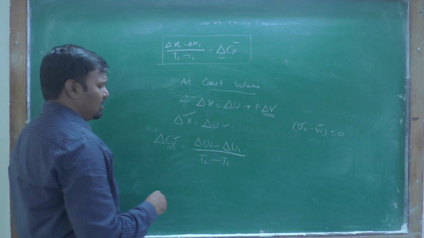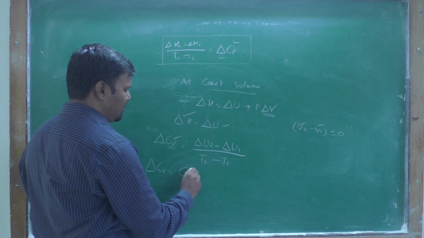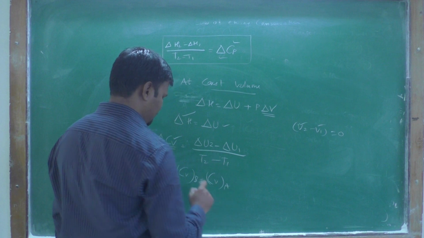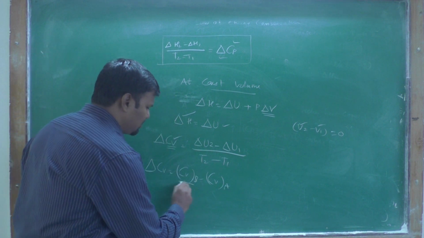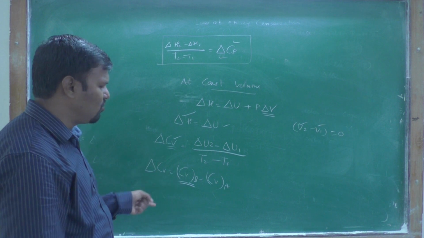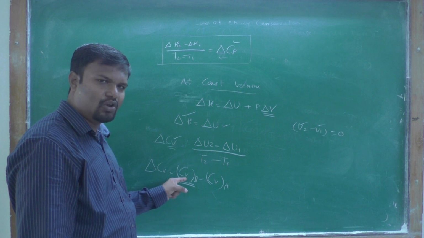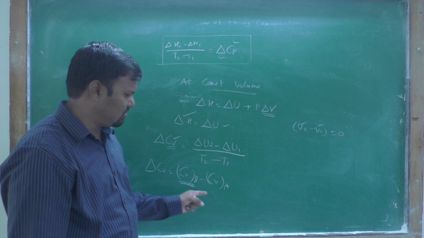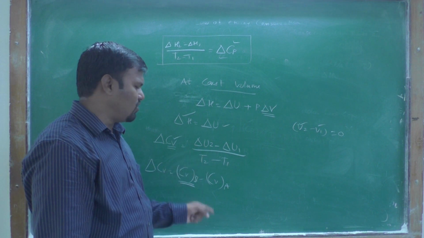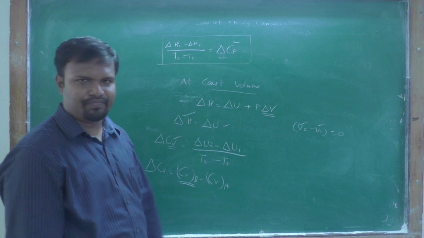In this case, delta CV is nothing but CVB minus CVA. CVB is the average or mean molar heat capacity of the product at constant volume, minus CVA, the average or mean molar heat capacity of the reactant at constant volume.